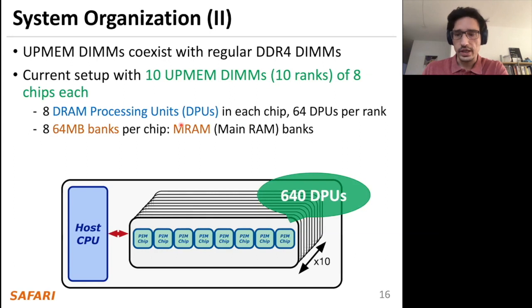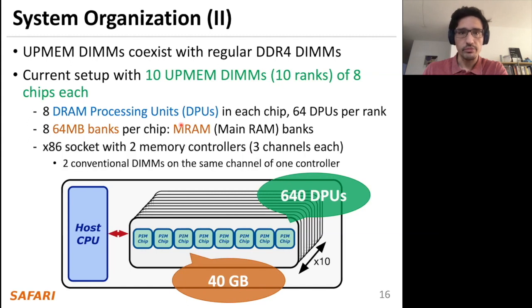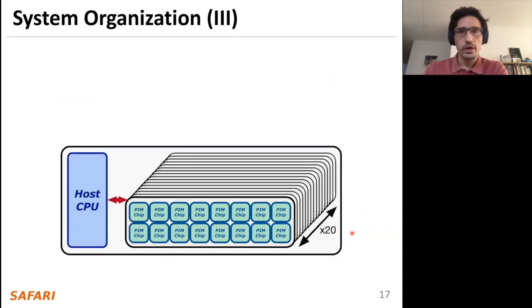In total, this setup has 640 DPUs and a total of 40 gigabytes of capacity. And as I said, this is connected to the x86 CPU with 2 memory controllers and several channels. These 10 DIMMs plus the conventional DIMMs are attached to these memory controllers. This is not the most powerful system that you can plan for with UPMEM.